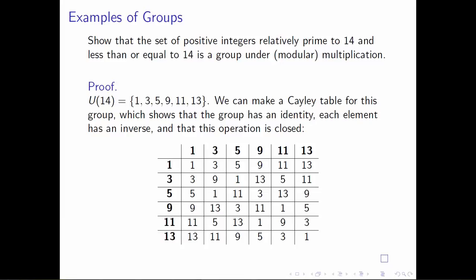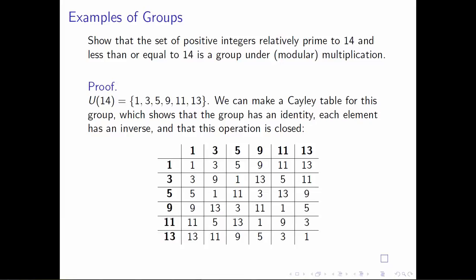Now what I can do is make a Cayley table for this group, which means that the rows are all indexed by an element of this set, the columns are all indexed by an element of this set, and what I write at the entry of a particular row and column is the output under this operation when I combine these two things, first doing the operation in the row, and then combining with the element indexing the column.